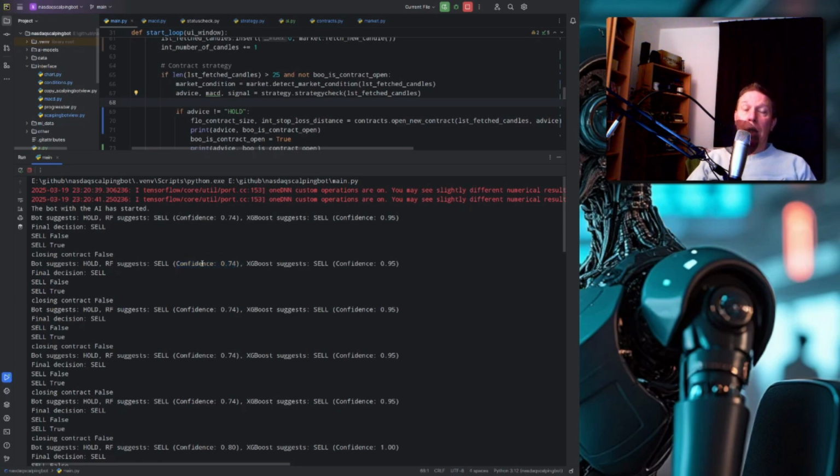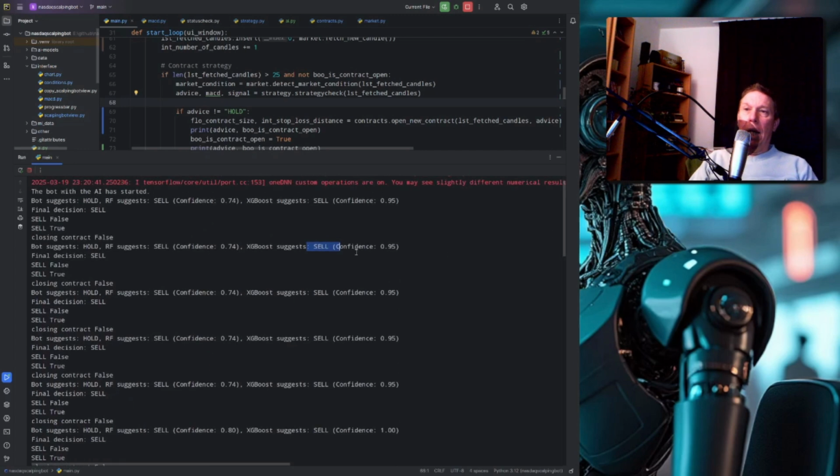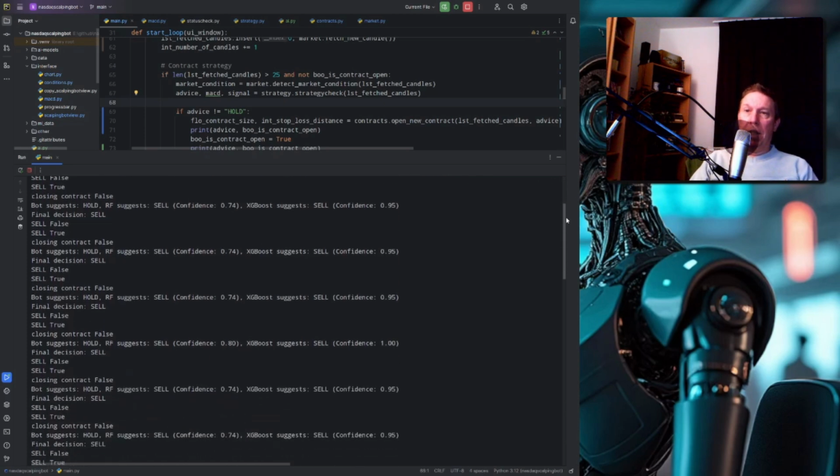so that I can see what kind of confidence the AI has that the suggestion is actually a sell in this case, or a buy somewhere down there. There are also buys, yeah, there are buys. And most of the time you see that the confidence for the RF is 74, and the XGBoost has a confidence of 95%.